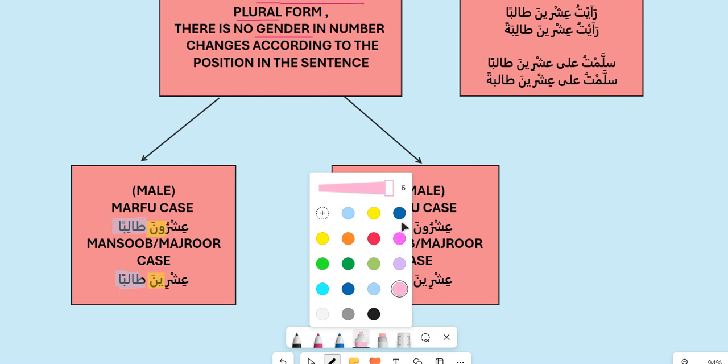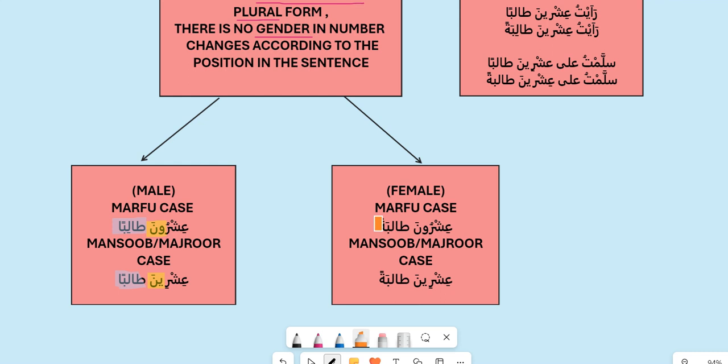Here the tamiz is in feminine. Here it's male. So what is the difference here? In male marfu case, you can see the waw wa noon. Ishruna Taliban. As I told you, tamiz will remain the same from 11 to 99.